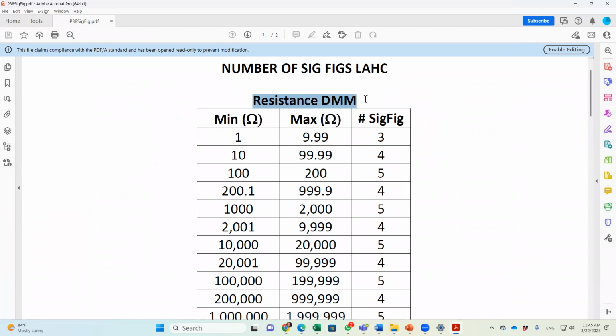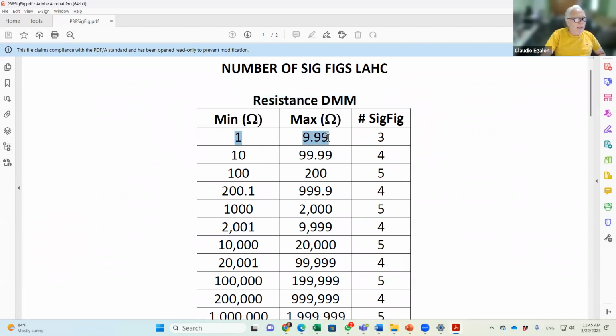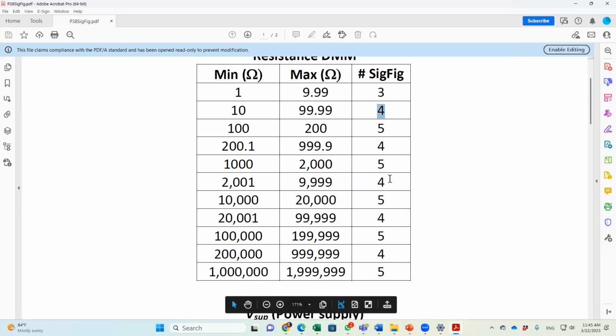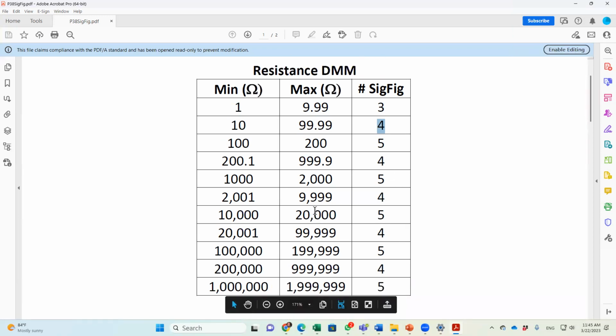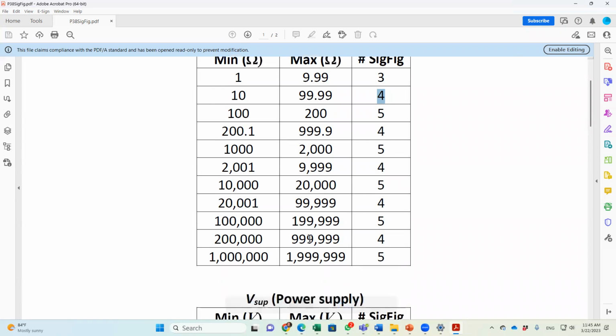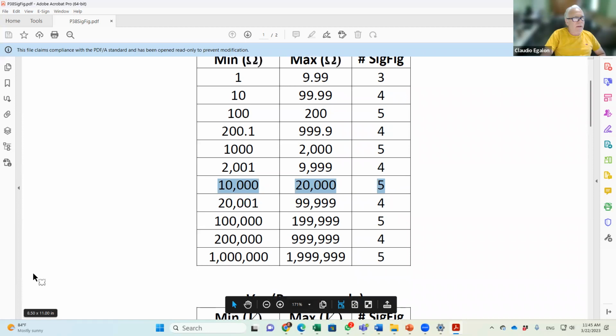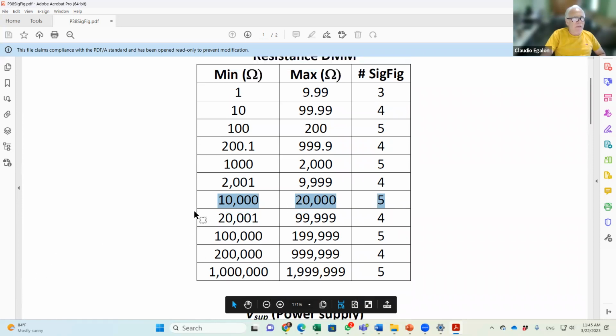It goes according to the value of the resistance. From 1 to 9.99 ohms is 3 sig figs. From 10 to 99.99, 4, and so on. So if it's, for example, the 14,000 one, there would be 5 sig figs. Yes, 14,000 is between 10,000 and 20,000. Okay.